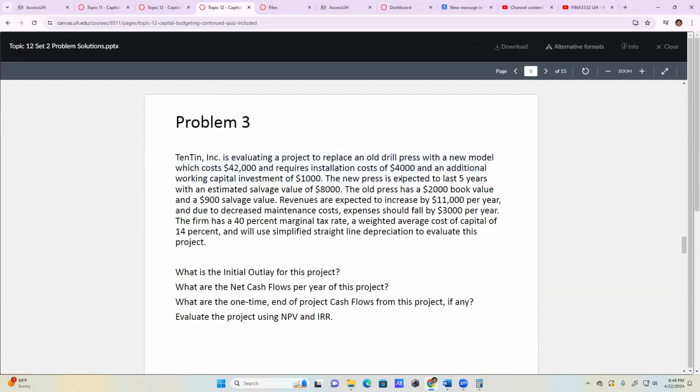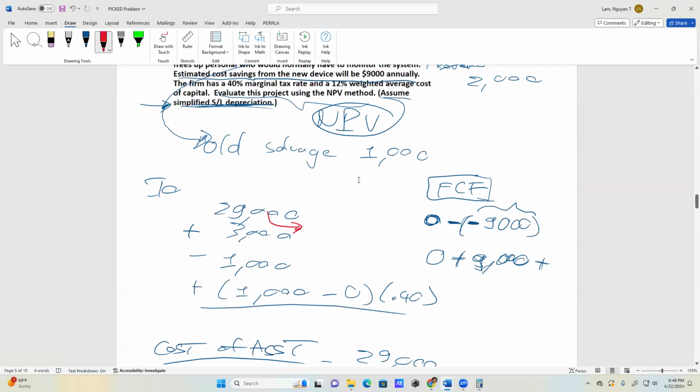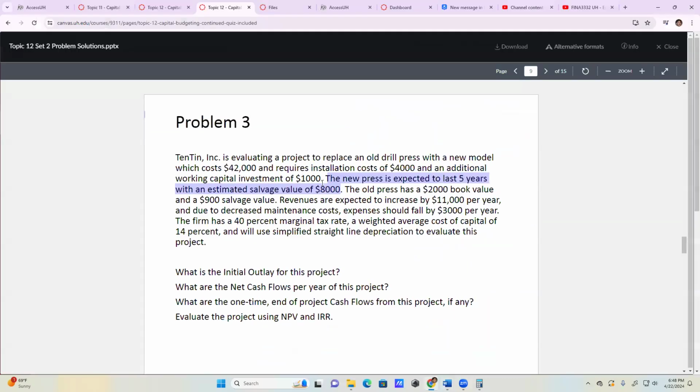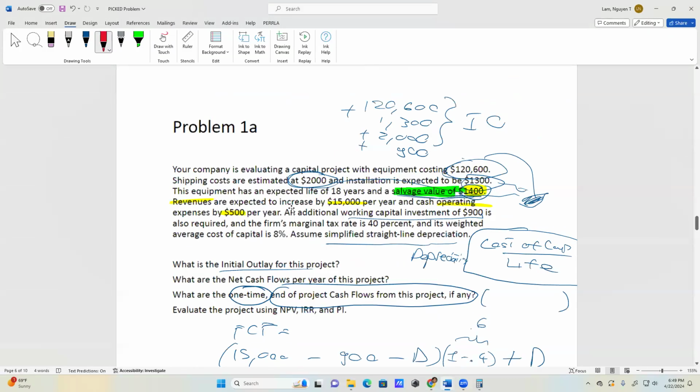An additional new press is expected to last 5 years, with an estimated salvage value of that. Okay, and let's compare with this question right here. This equipment has expected life of 18 years and a salvage value. Okay, so I think you guys have to figure out a pattern right here.